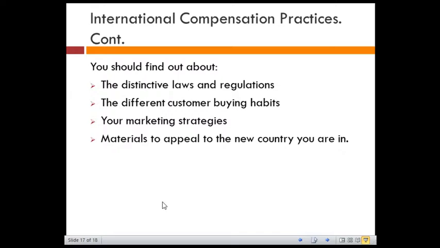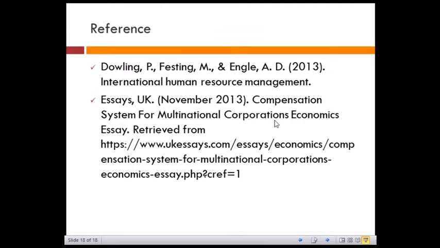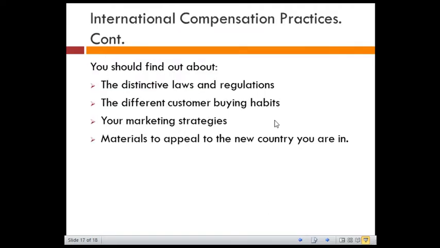So in terms of international compensation practices, you should really find out, and we have a listing here, the distinctive laws and regulations, the different customer buying habits, and your marketing strategies, applicable to the new country that you are in.